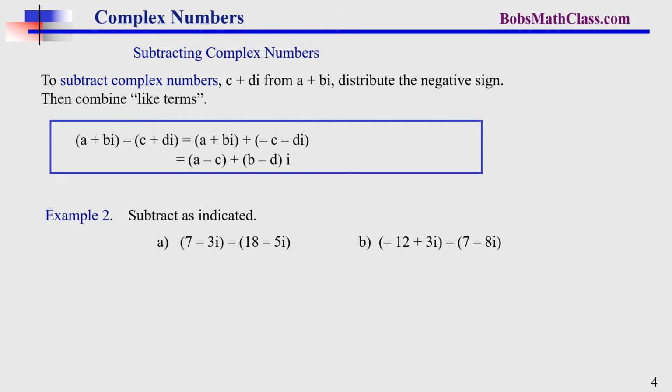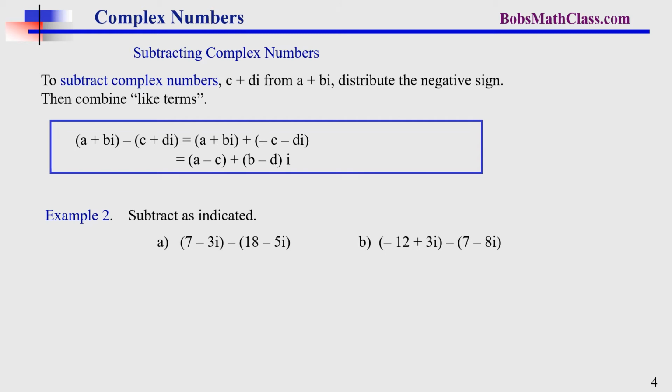That's right, we distribute the negative sign. So we're going to distribute the negative sign and then add the like terms. Okay, here we go. So go ahead and start number 2. Distribute the negative sign and then add like terms. Remember that the i term is last.